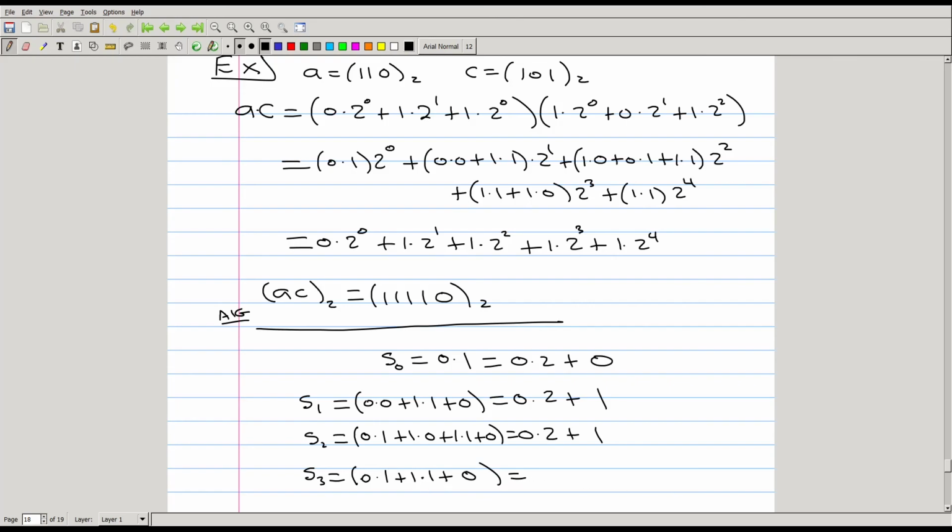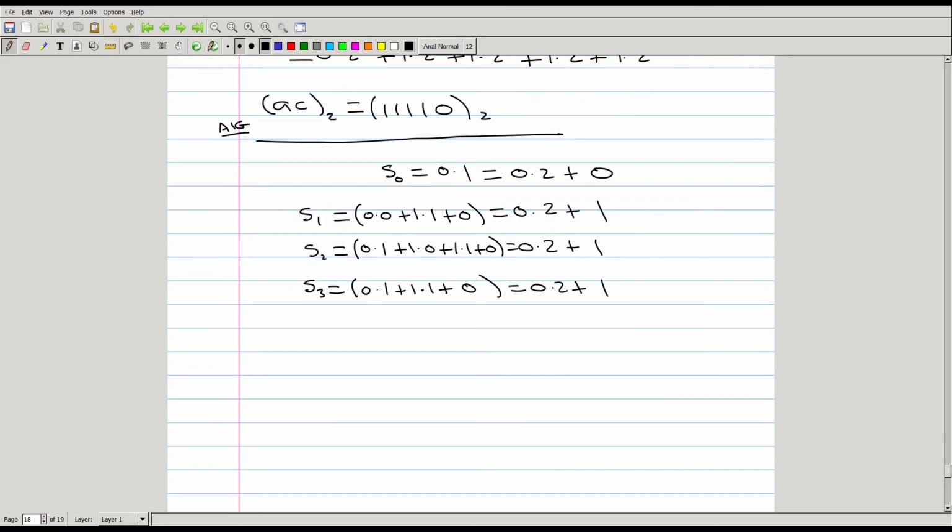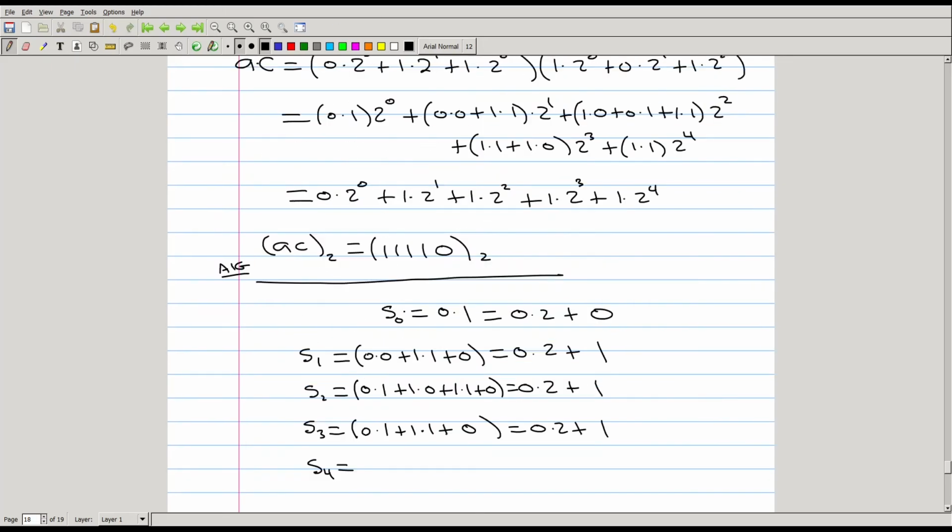So this is going to be 1, which we know by now is 0 times 2 plus 1. And then lastly, we have to consider S4, which is just going to be equal to the final terms multiplied together.